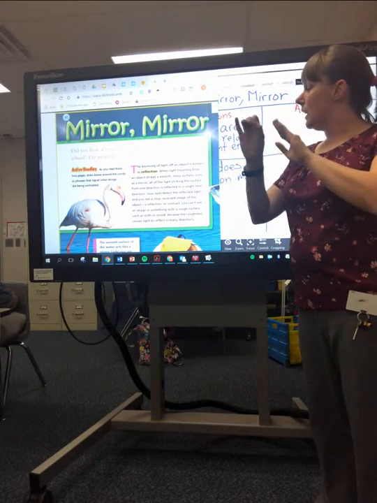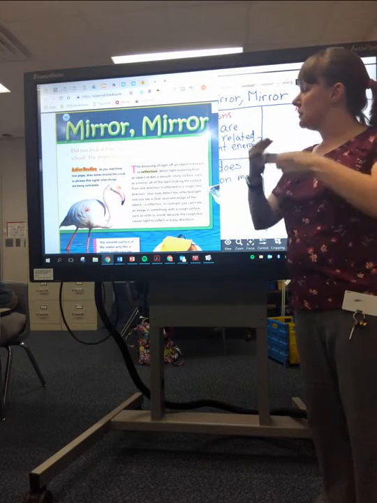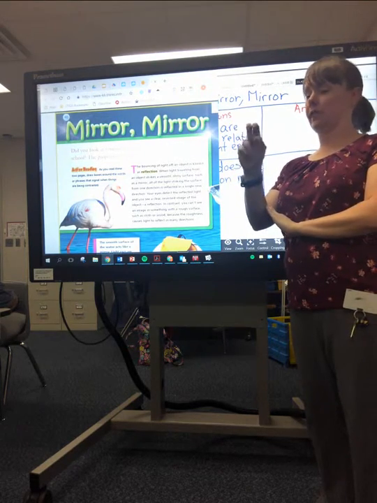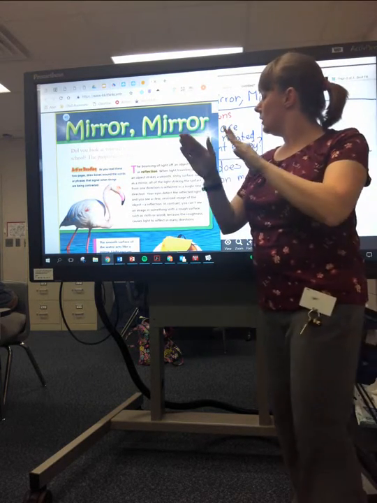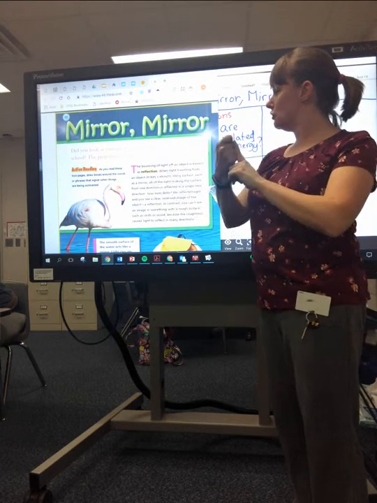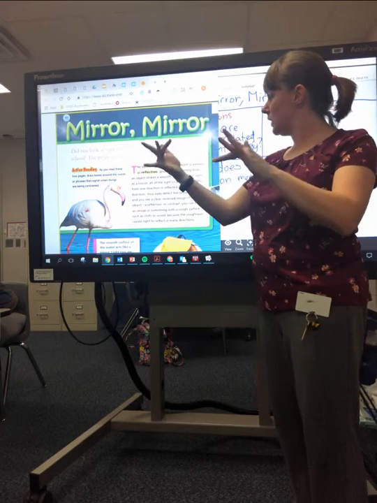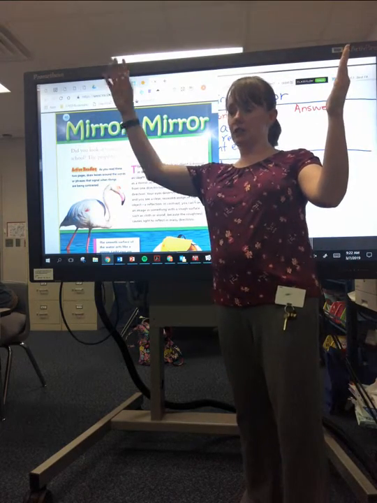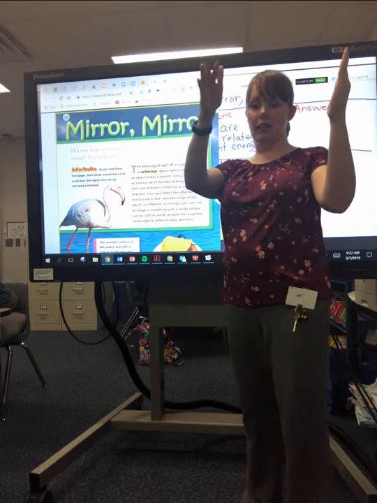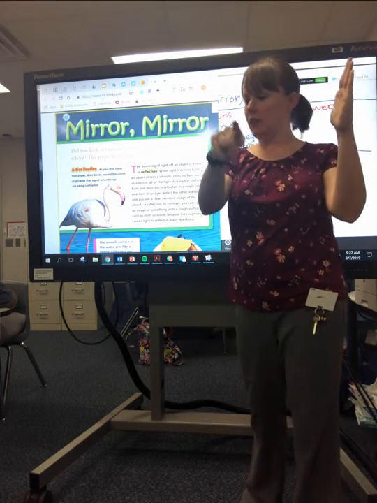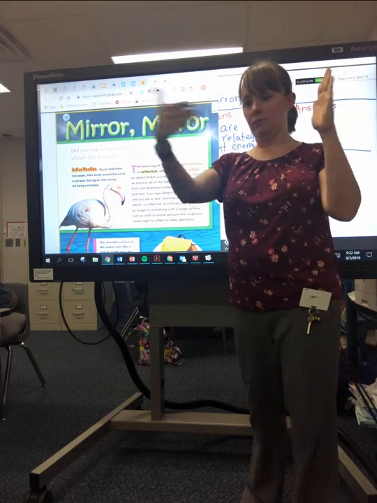The bouncing of light off an object is known as reflection. When light traveling from an object strikes a smooth, shiny surface, such as a mirror. So you have the light, and it's traveling, and it hits it, and it's smooth and it's shiny. What happens? It bounces.